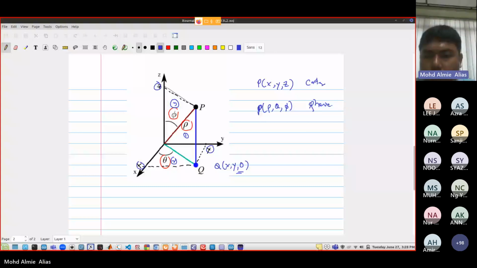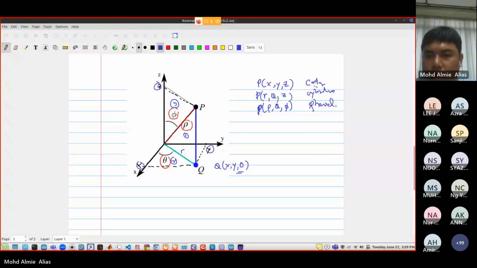Okay, and for cylindrical, this is the same point, but you take r, which is here, the distance for the projected point Q, and theta, you take it from here, but you need z here. So this is for cylindrical.